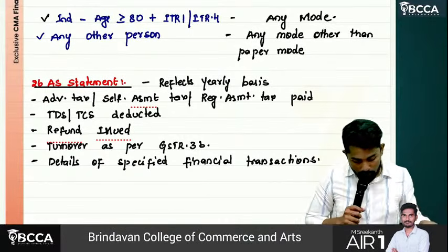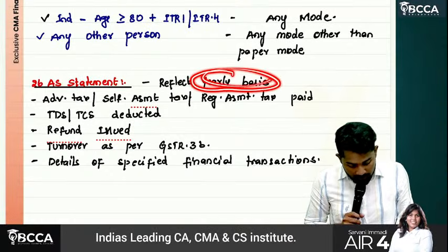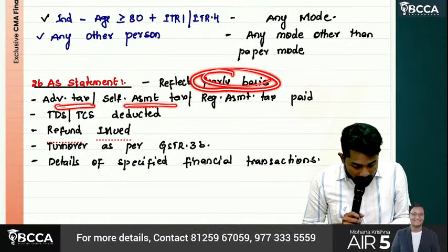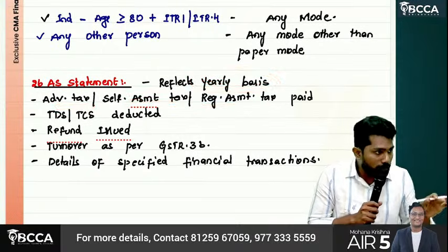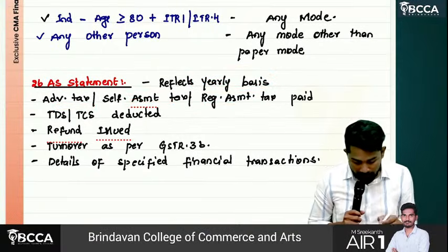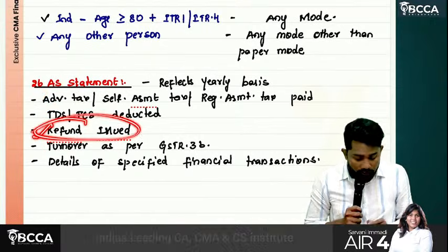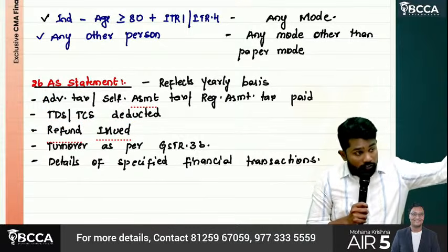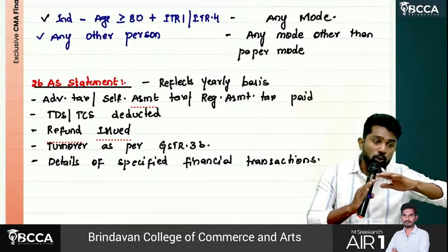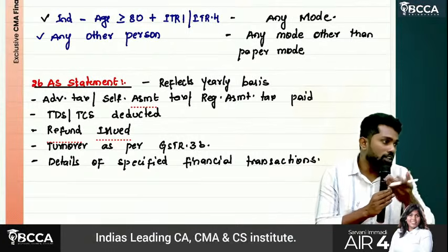It reflects on a yearly basis the advance tax, self-assessment tax, and even the regular assessment tax paid, the total tax paid, TDS, TCS deducted, any refund issued, and even from GSTR 3B, the total of all the months' turnover will get reflected.